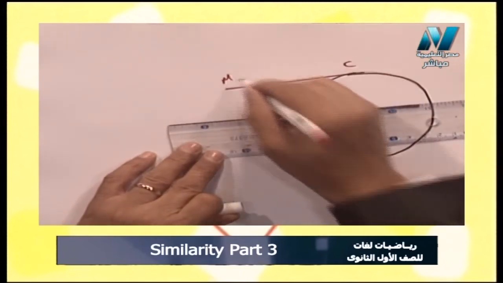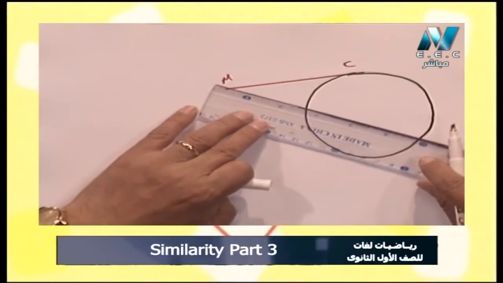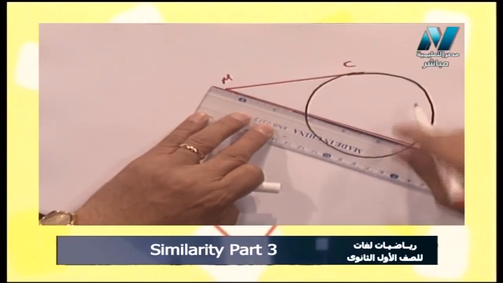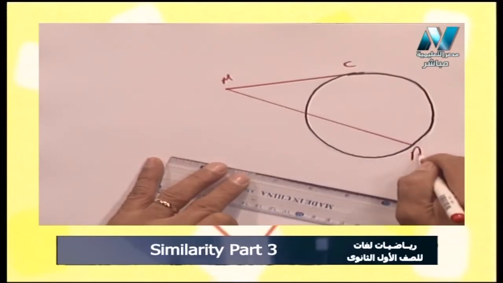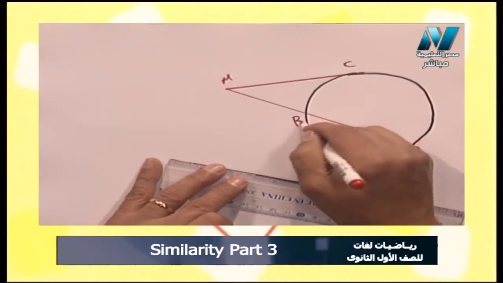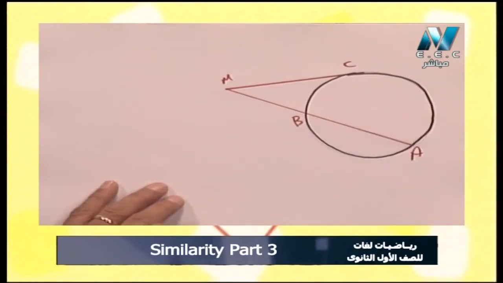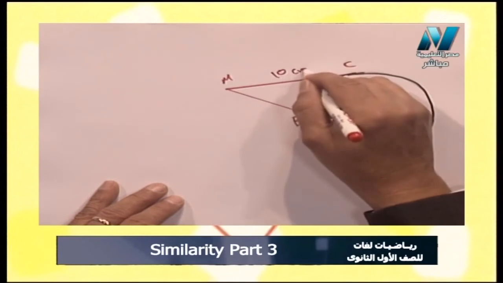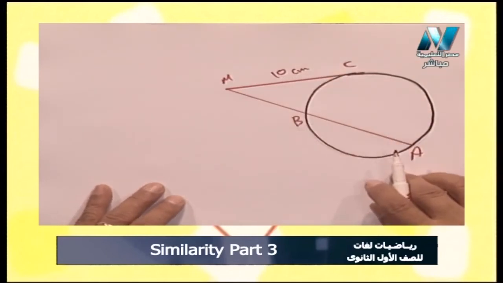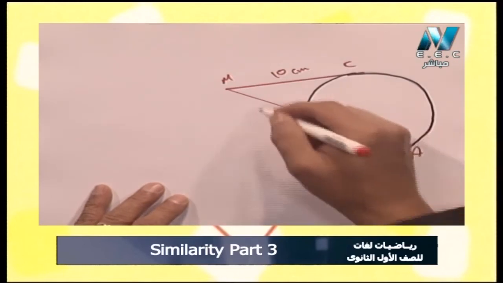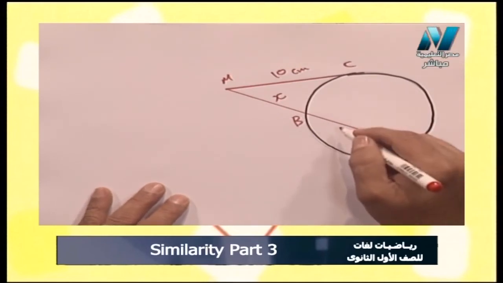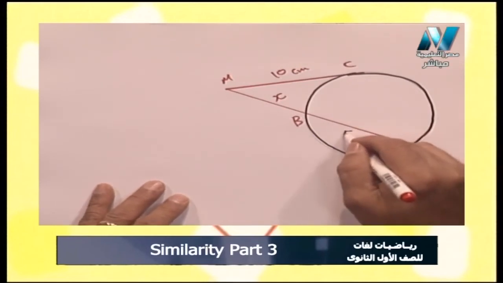CM is a tangent, and we have MA as a secant that cuts the circle at two points, one of them A and the other point B. It's given that MC equals 10 centimeters, and that MB is x, and this part equals 15.